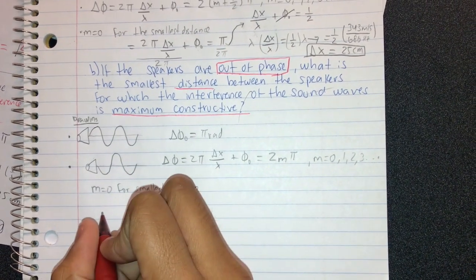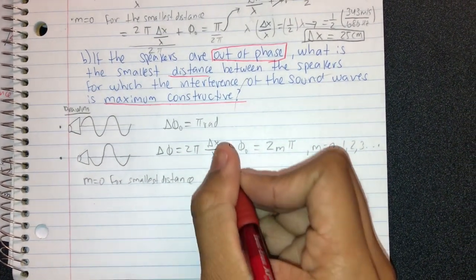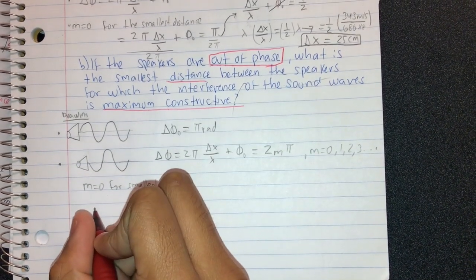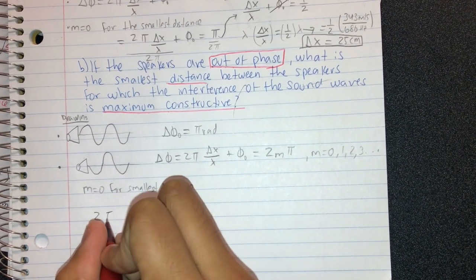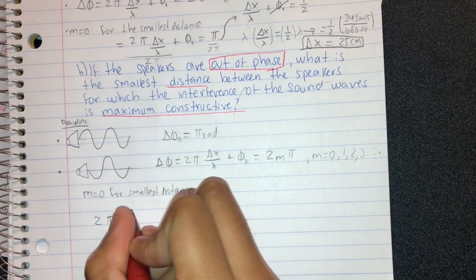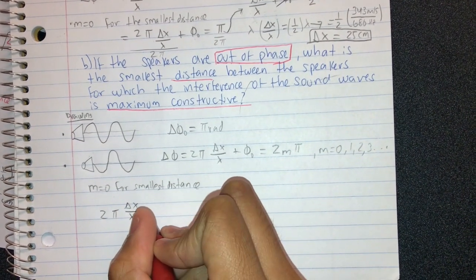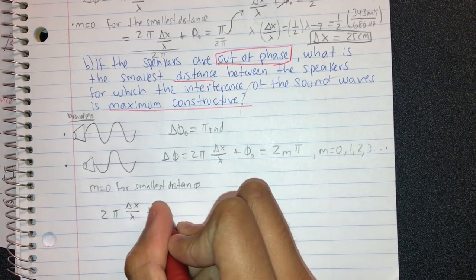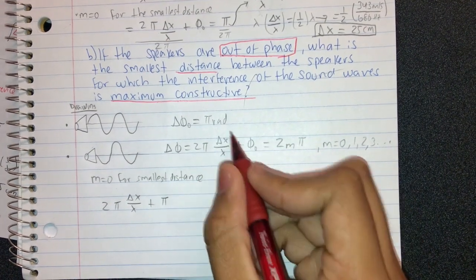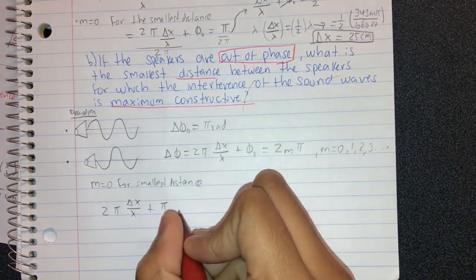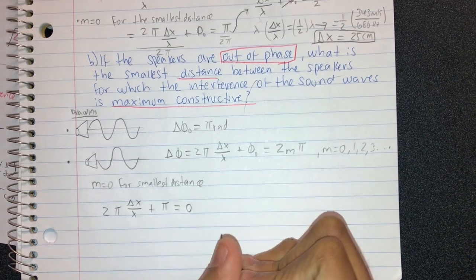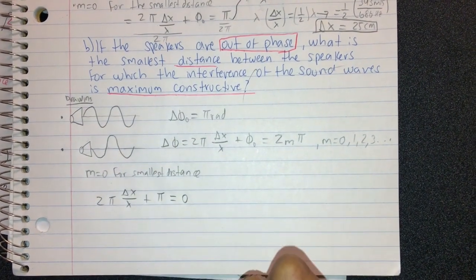So from that, we can use this formula to solve for x again. So we're going to use 2 pi delta x over lambda plus pi, because phi naught is pi, as we stated above, equals 0. Now we solve for x.